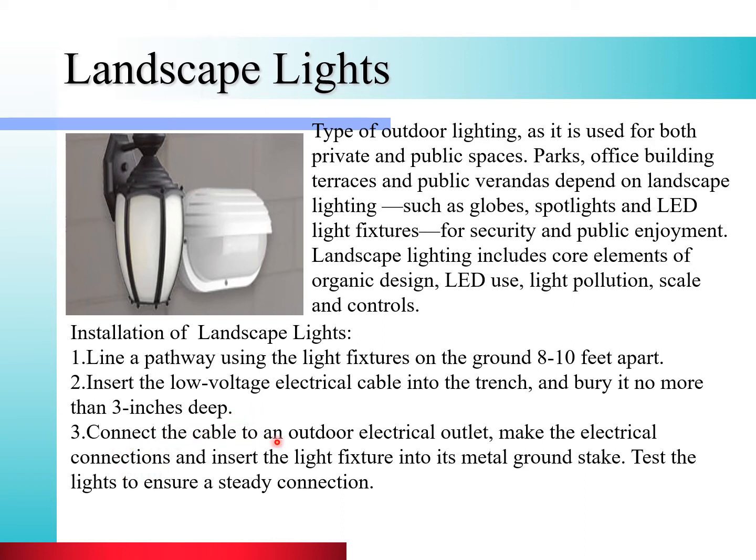Third, connect the cable to an outdoor electrical outlet, make the electrical connections and insert the light fixtures into its metal ground stake. Test the light to ensure a steady connection. So this is the generalized installation procedure of the light.